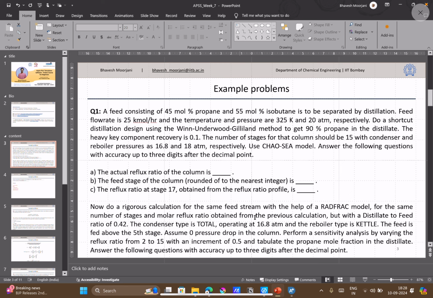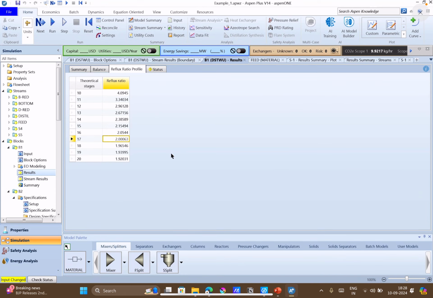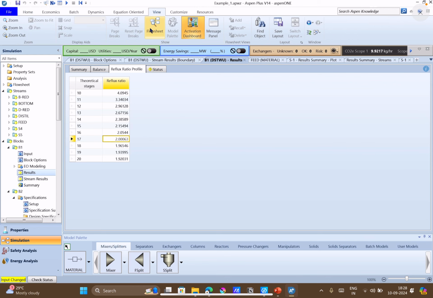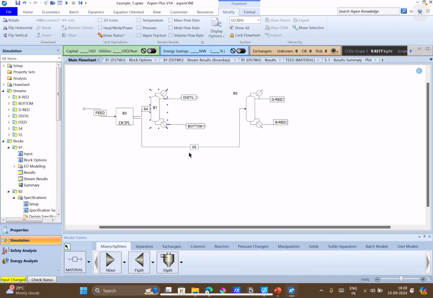Now we have been asked to perform a rigorous calculation using a RadFrac column. If you go into the main flowsheet, here the feed stream is duplicated and it's going to this RadFrac column, the B2 column, the input of the B2 column.